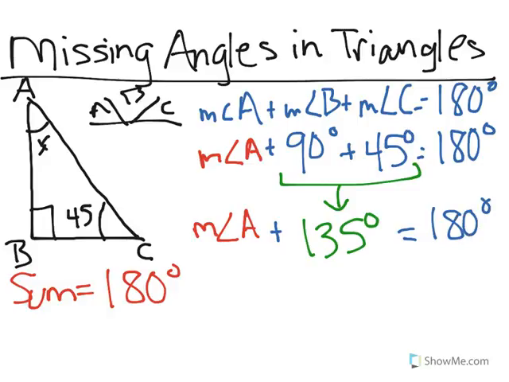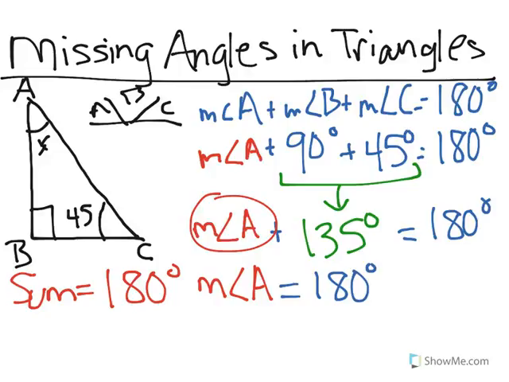Now if I'm looking for the measure of angle A and it's being added to 135, I need to do the inverse operation of addition. The inverse operation of addition is subtraction. So measure of angle A is going to equal 180 degrees minus 135 degrees.